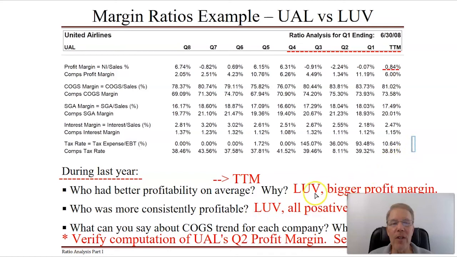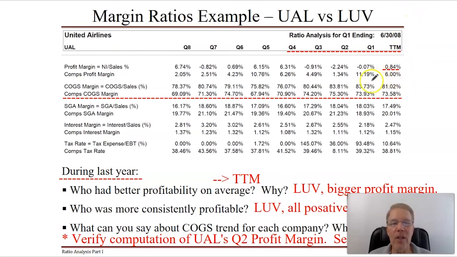Okay, and what can we say about the COGS trend for each company and why? If it's COGS trend, we're clearly going to be looking at the COGS margin, and again, we're looking at the last year.